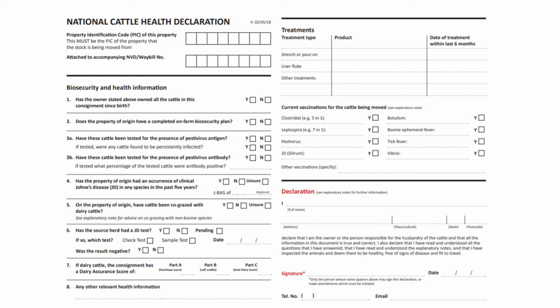The National Cattle and Sheep Health Declarations include vaccination status of the individual animal. Vaccination can reduce the likelihood of those animals shedding disease if applied in accordance with manufacturer directions, even if the herd status of the source property is not known.